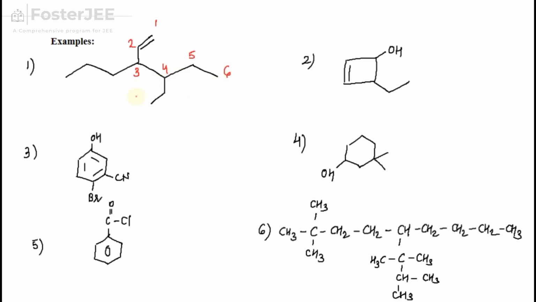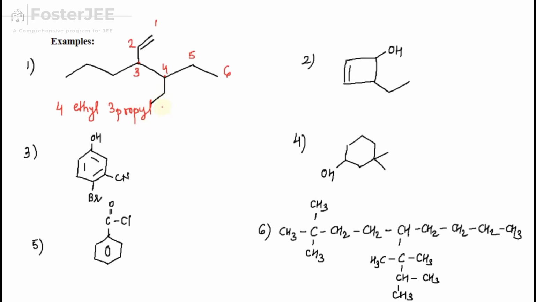Now the substituent group at the third carbon is a propyl group, and at the fourth carbon is an ethyl group, and we will name the compound in alphabetical order. So the name of the compound is 4-ethyl 3-propyl.